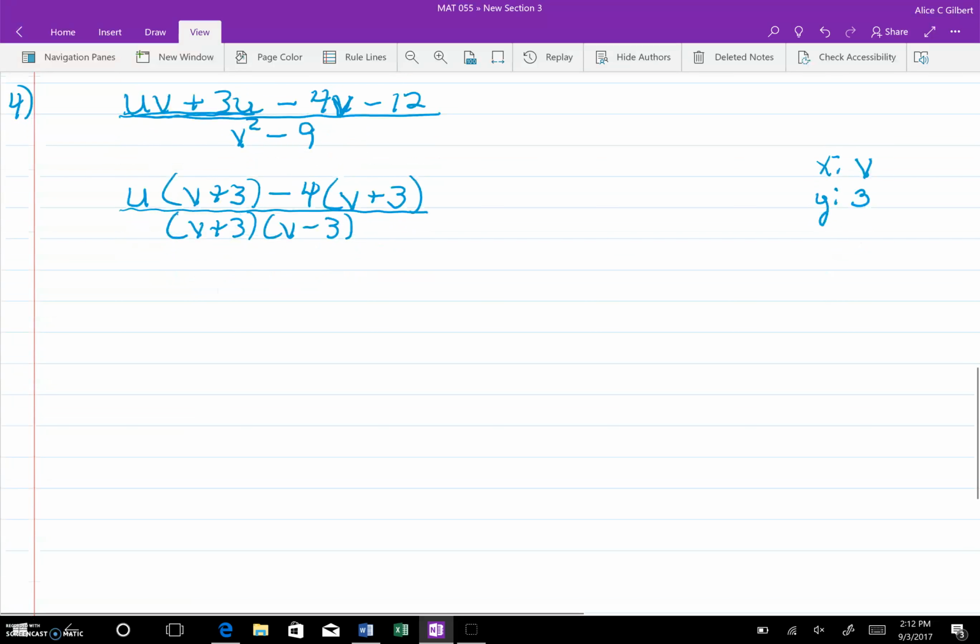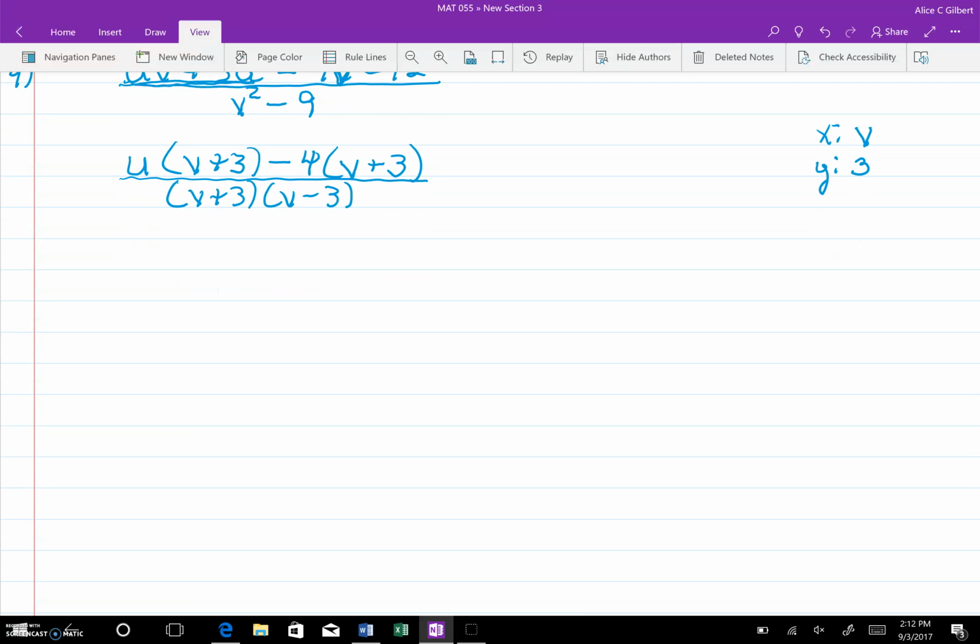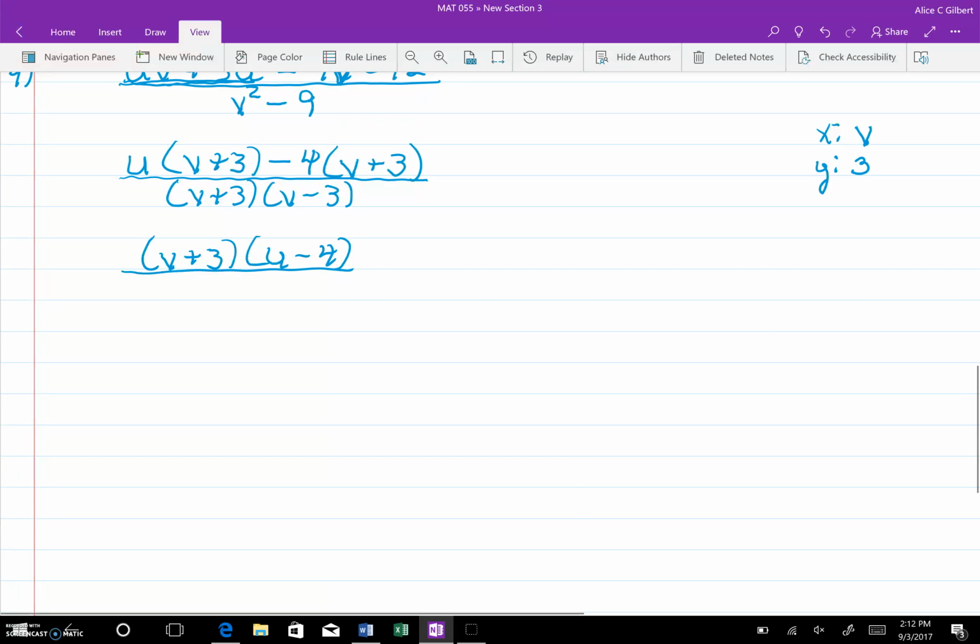Now I need to do the next step in the numerator. So my greatest common factor is v plus 3. I'm left with u minus 4. Nothing more I can do in the denominator, so I'll just write these down. Now, everything is completely factored.